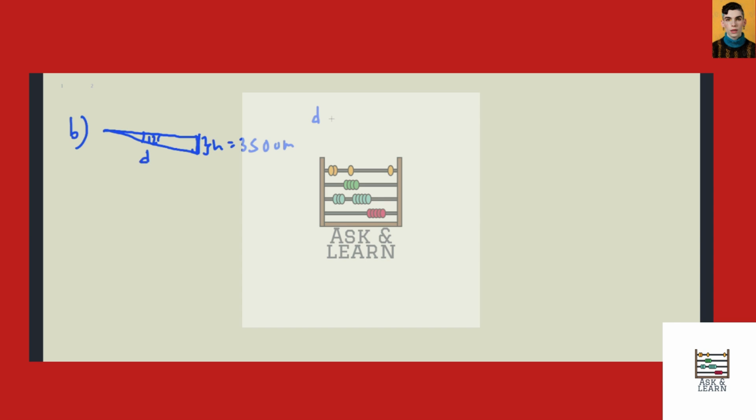So d over h would be sine 12, implying that d, this distance is, whoops, I meant to say h over d would be sine 12, pardon me. And so d is h over sine 12, so it's 3,500 meters over sine 12, giving us 16,834 meters.